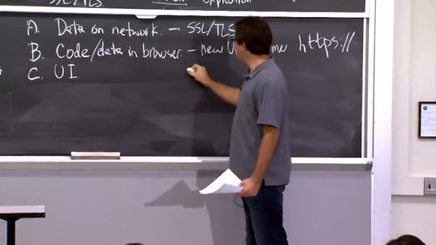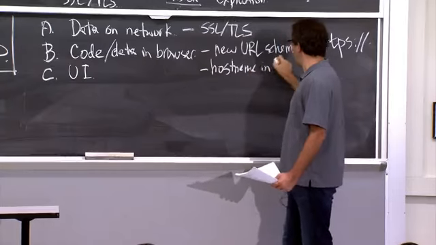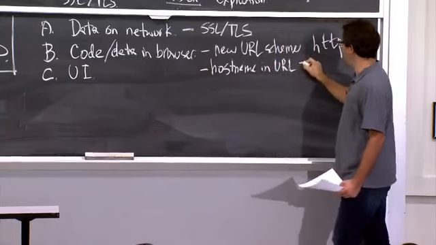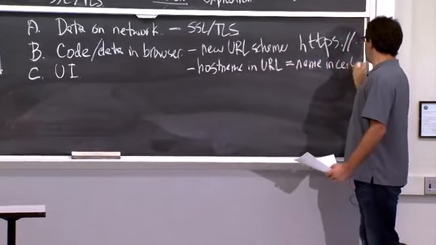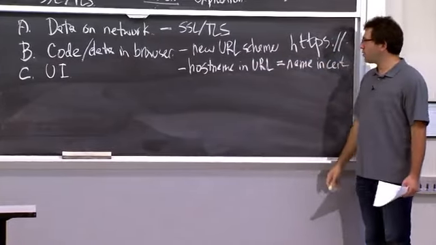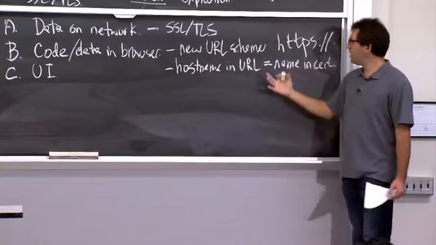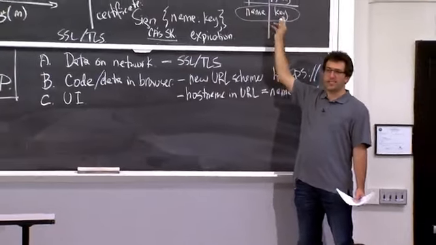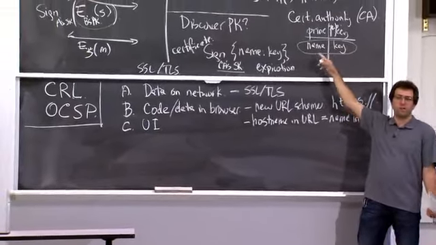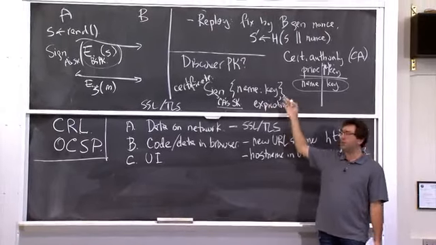The plan for that is that the host name in the URL has to be the name in the certificate. That's what the certificate authorities are going to sign at the end of the day. They're going to literally sign the host name that shows up in your URL as the name for your web server's public key. So Amazon presumably has a certificate for www.amazon.com.